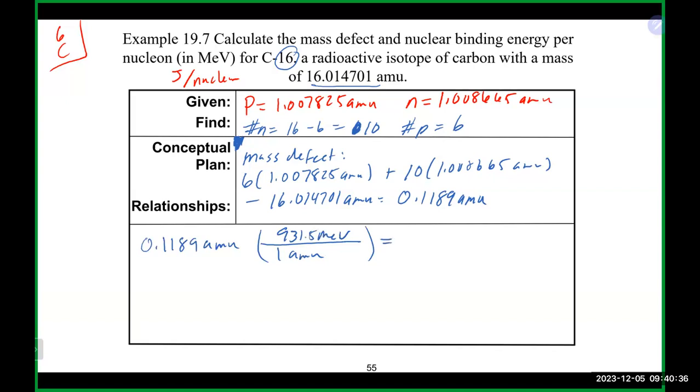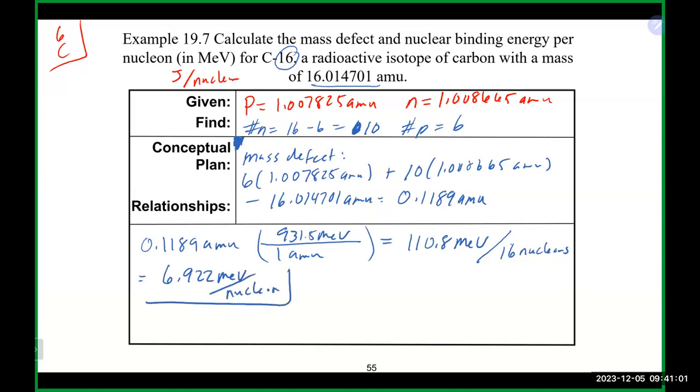We take that times 931.5, which gives us about 110.8 mega electron volts. At this point we could divide by our mass number, which gives us the number of nucleons. We get one of the answers we're looking for, 6.922 mega electron volts per nucleon. Question on that one?